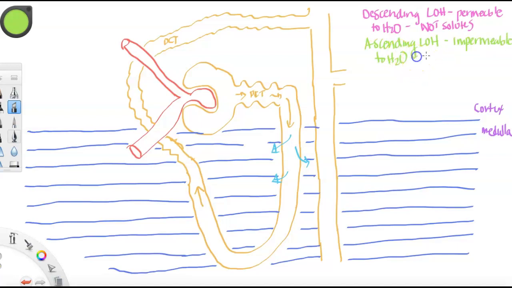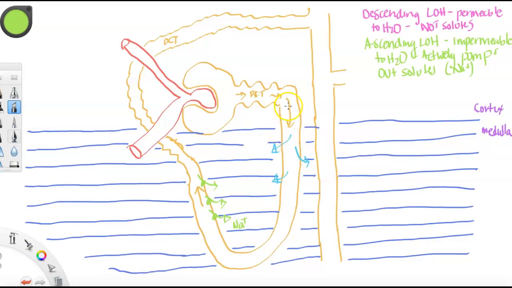And what it does is it has pumps on it, and it actively pumps out solutes, mostly sodium. Okay, other ions too, but mostly sodium. So as it goes into the ascending loop, we've got these little pumps on here, and it's pumping out the solutes. It's keeping the water, so it's pumping out the solutes.